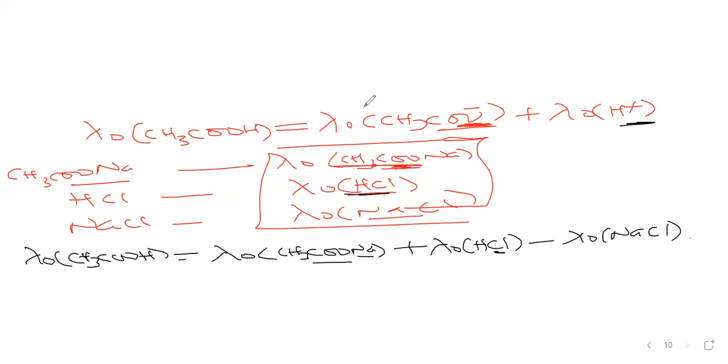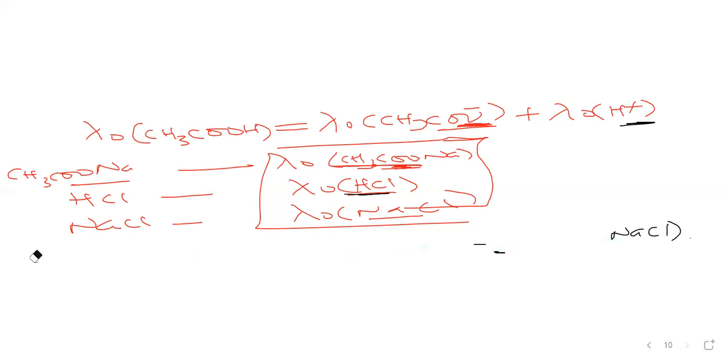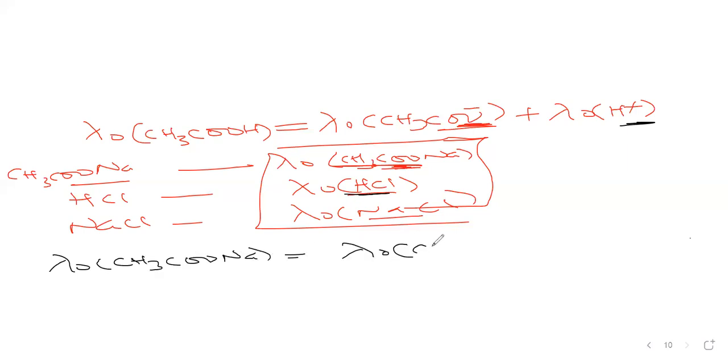If that one is a bit disturbing, let us do the derivation. Where does it come from? We can write the molar conductivity at infinite dilution of each of them. The molar conductivity at infinite dilution of sodium ethanoate is equal to that of the ethanoate ion plus that of the sodium ion.